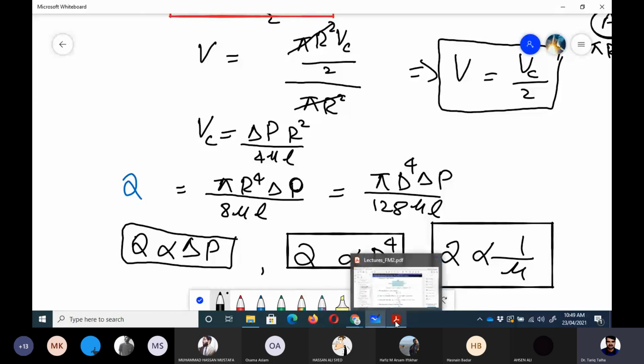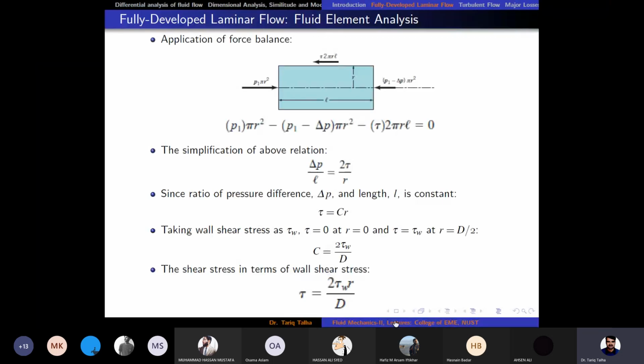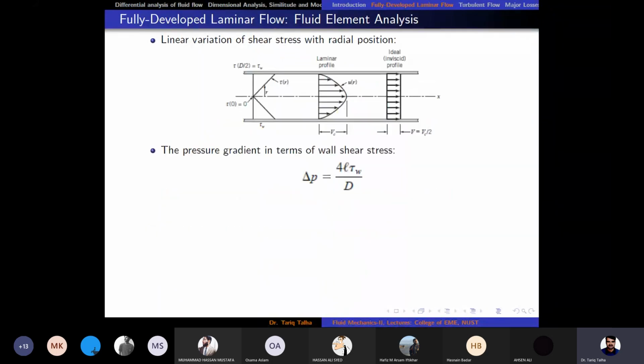So let me show you quickly this on the lecture slides, just to recap what we discussed in today's lecture. This was the lecture slide we covered in the last class, where we discussed that delta P can be written in terms of wall shear stress.